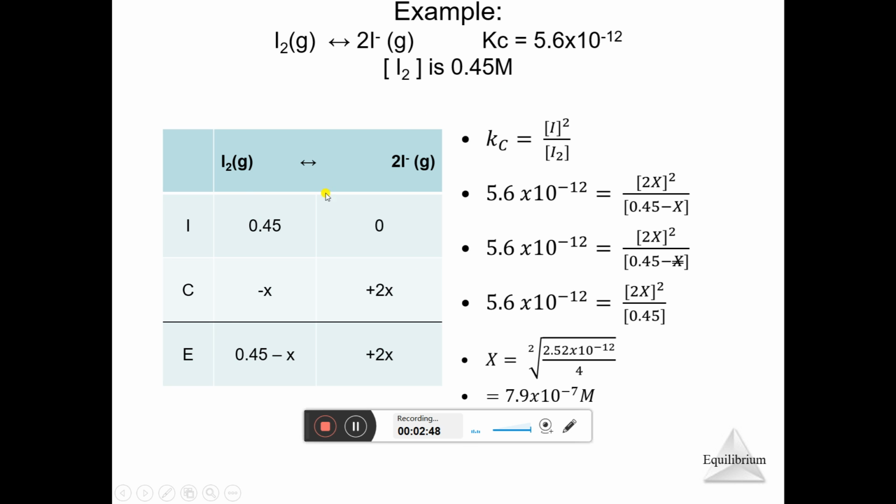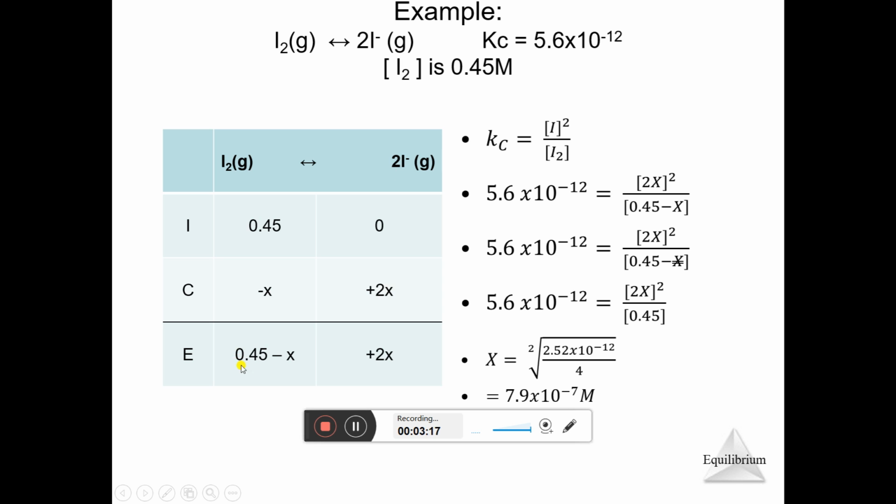So we set up our ICE table, and we know that we're starting off with 0.45 molar of the I2 gas, and we start off initially with 0 product. The change here will be subtraction of some X, because we don't know what it is, and the increase of some change by 2X, and it's 2X because the coefficient from the balanced chemical equation is 2.